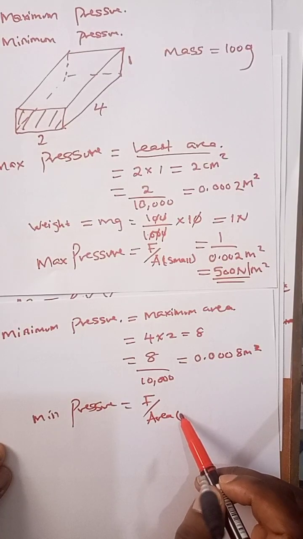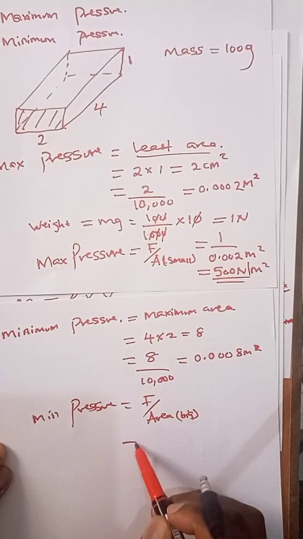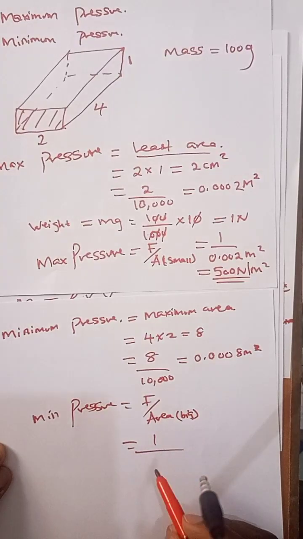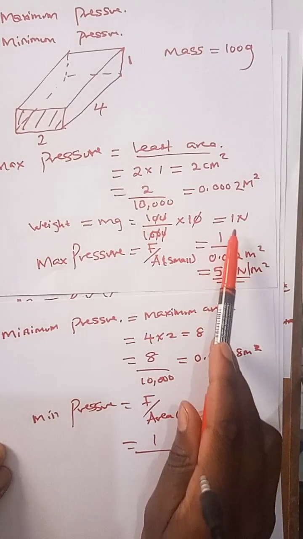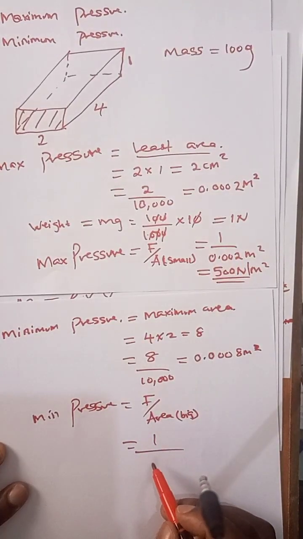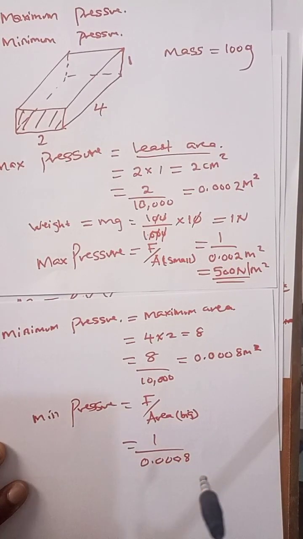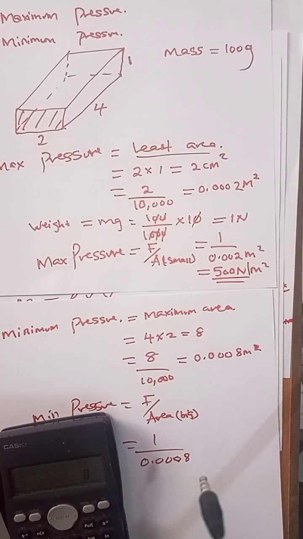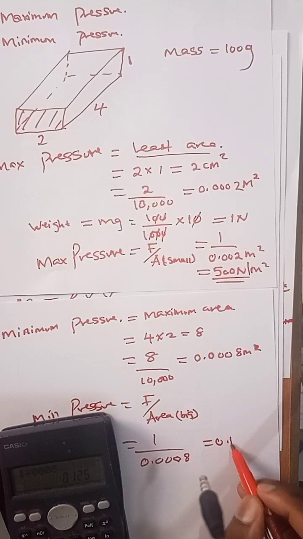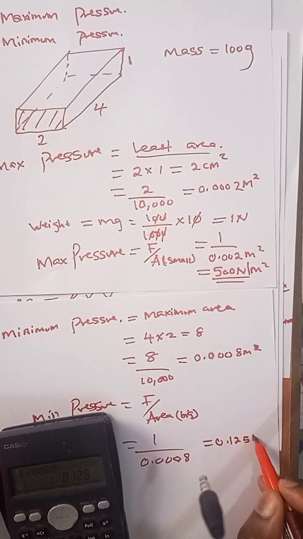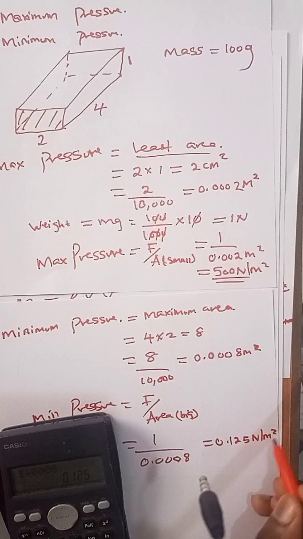Area, the big one, and this will be 1 Newton. That was the force, the weight, we divide by 0.0008. So then we have 1 divided by 0.0008, and we get 1250 Newton per meter squared.